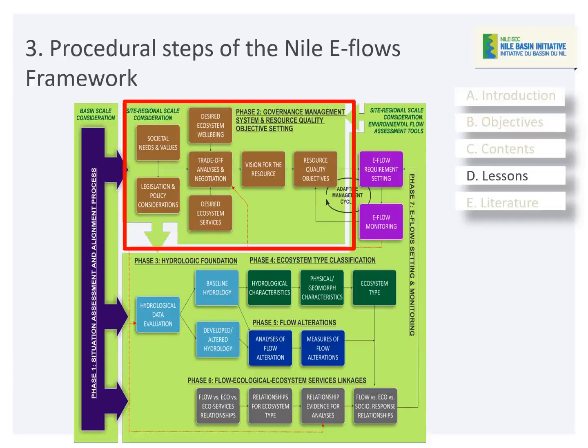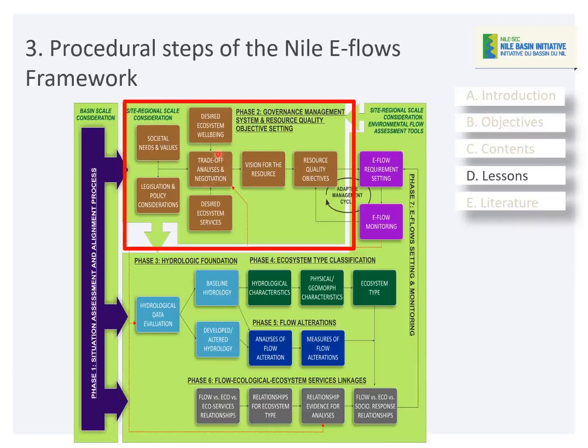If we can get the balance right between the protection requirements of the resource and the use requirements, with some trade-offs, we would then understand, within a legislative context and the needs of livelihoods, we would then be able to establish this vision for the resource.